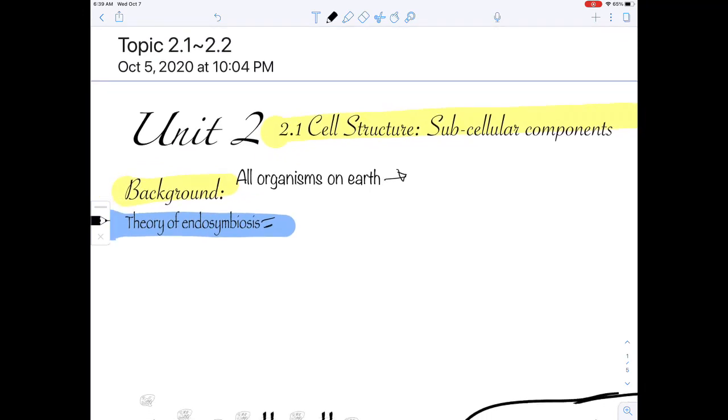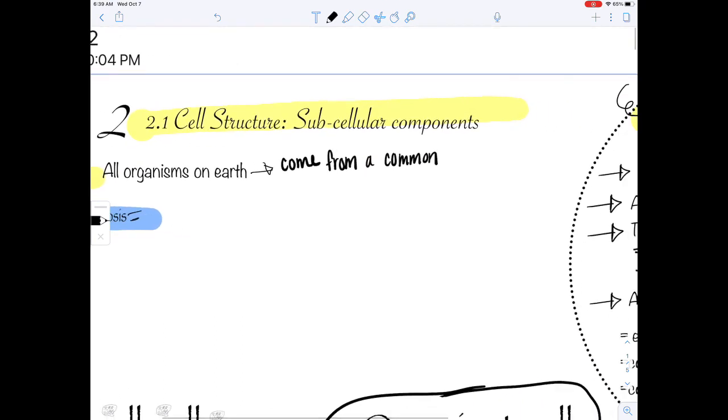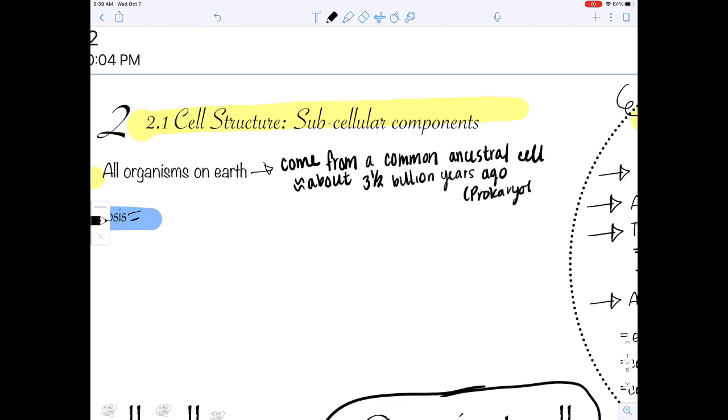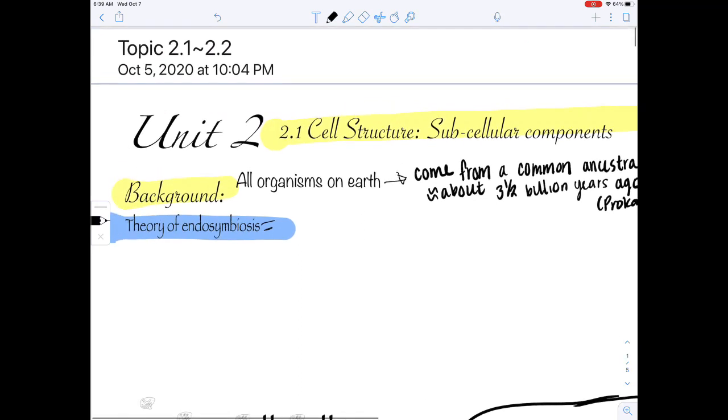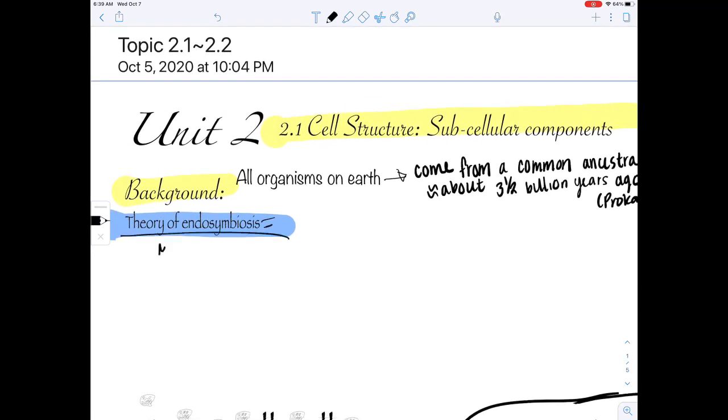Okay, so let's look at a little bit of background. So we know that the theory that we're going to be working on and looking at is that all organisms on Earth come from a common ancestral cell from approximately about 3.5 billion years ago. Okay, so the official name of our theory is going to be the theory of endosymbiosis.